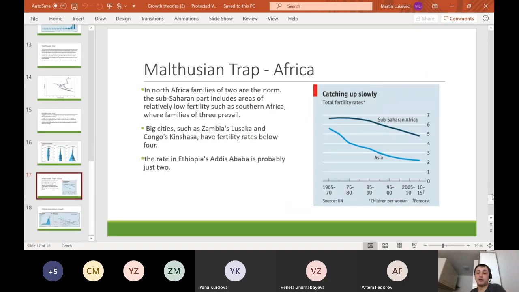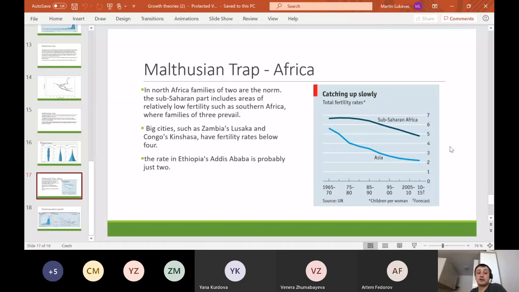But if I look, again going to the next slide, at the developments of fertility in Africa, you can see that they are going down really substantially as well. In comparison with Asia, which since 1960s basically went down from 6 to, as I said, 2. It's sub-Saharan Africa. Now we are in the stage where the fertility is going down really substantially.